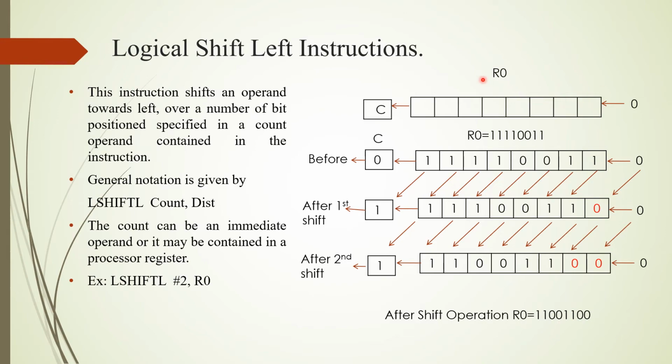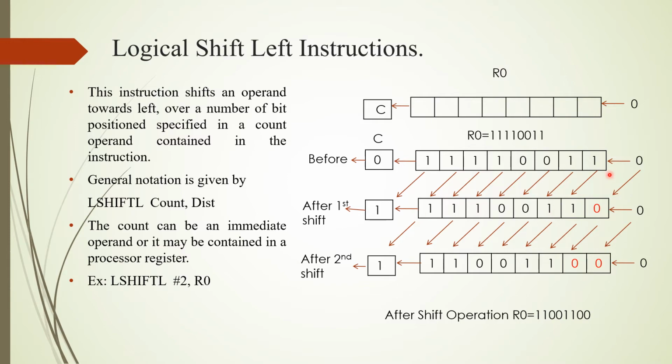Consider a register R0 which is 8-bit and initially contains, as an example, 11110011. This is the content of R0 before the execution of the shift left instruction. Here, the bits are shifted towards left two times.